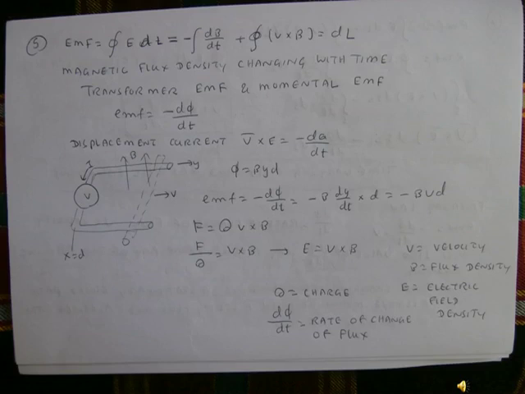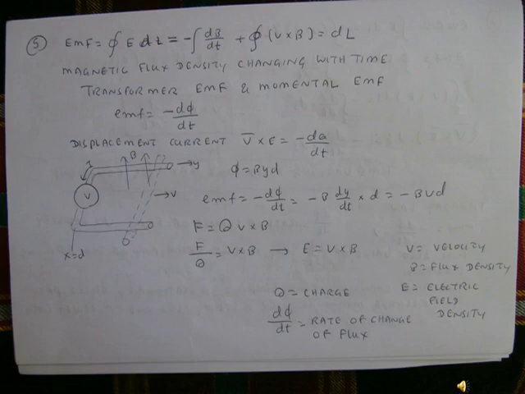Then we will talk about the magnetic flux density changing with time. When the magnetic flux density is changing with time, we can write down the voltage equation. So the EMF, the electromotive force, is equal to the curve integral of E dl equal to minus the integration of dB/dt plus the curve integral of V cross B dl.